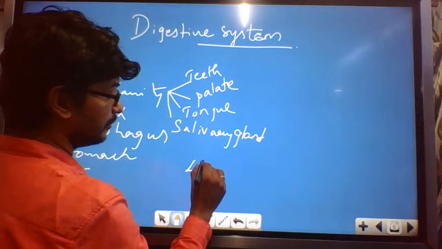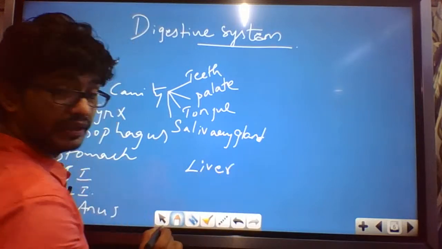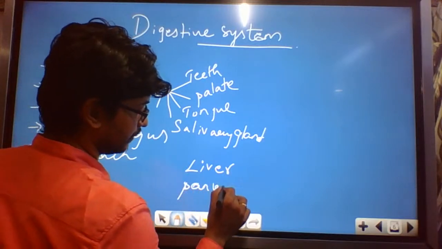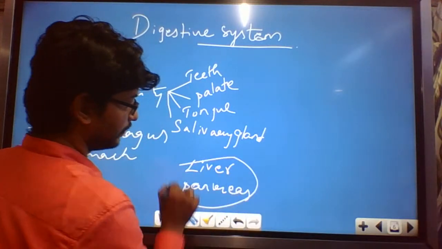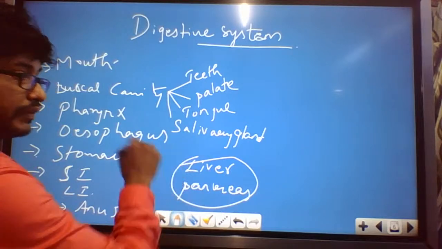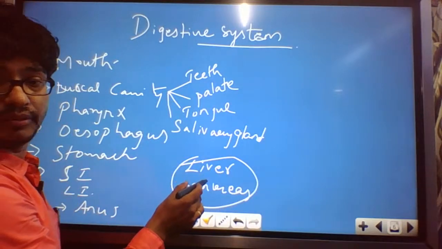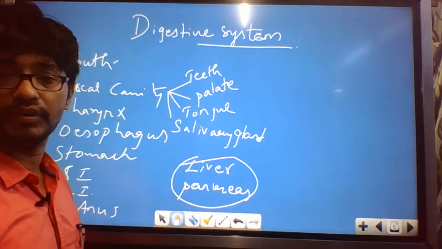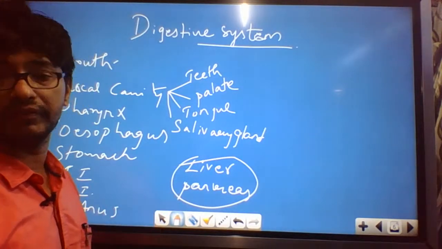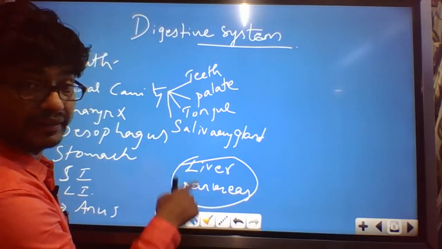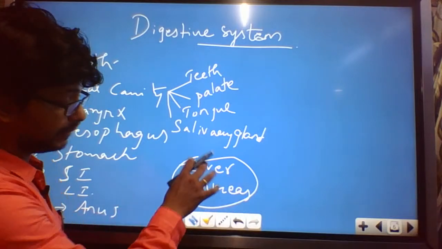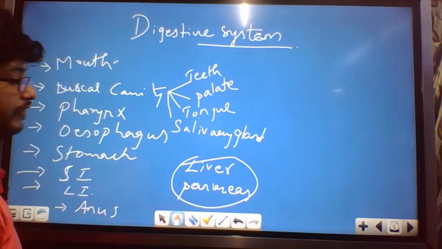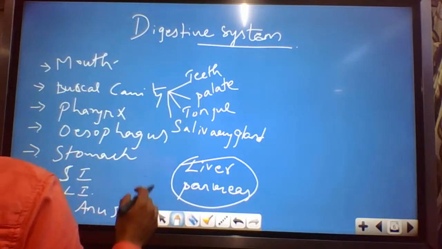We won't finish the digestive system without them. We'll discuss the liver and also the pancreas. By the time this chapter ends we are going to discuss the liver and the pancreas, because both play a very important role in digestion. When the duodenum comes, the liver and pancreatic juice come in, and there you will definitely study the liver and the pancreas. Fine. So first we'll start with the mouth part.